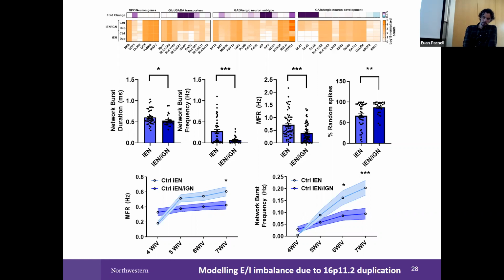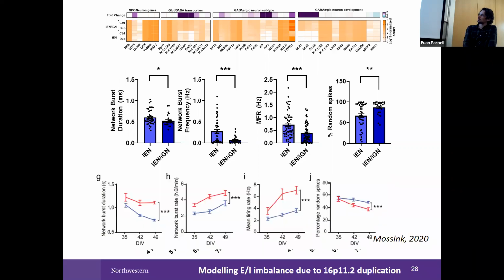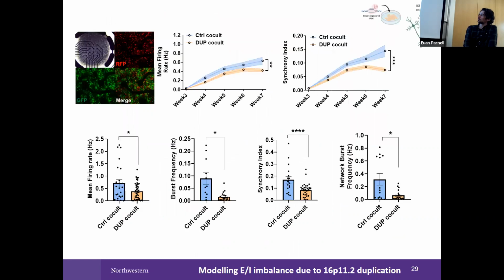And when we compared these phenotypes to a publication just last year, we saw all the same changes. So these interneurons are really affecting the culture in a very consistent way that is consistent with recent publications of interneuron activity on cultures. And they validated this with patch clamps. So we're really convinced that these interneurons are active and altering the activity of our excitatory neurons.